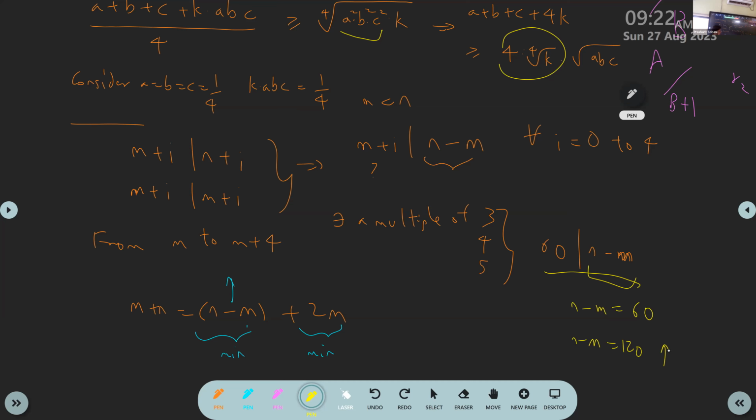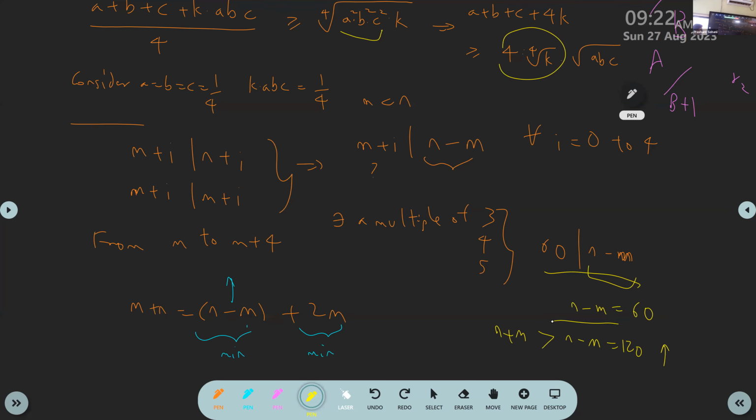This is sufficient to see, because if n minus m itself is 120, then m plus n will be even greater than that. So if the first itself we are getting a value of m plus n which is less than 120, then we are done.